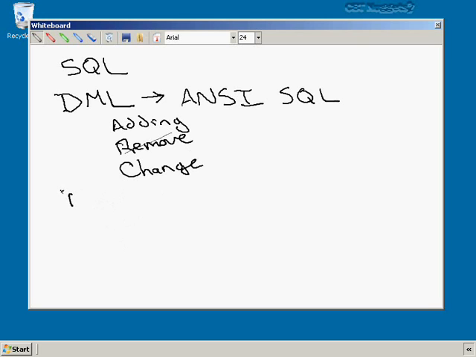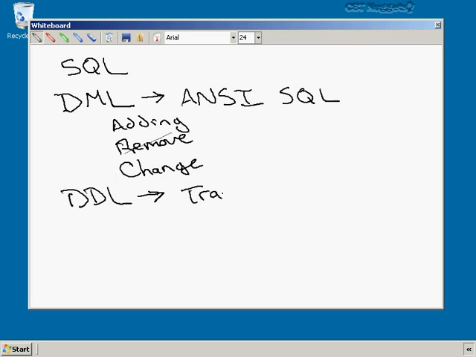So the data definition language is the second subset of SQL. Now, because every relational database management system works a little differently, whether it's Oracle or IBM or MySQL or SQL Server, the data definition language really can't be standardized. So each vendor comes up with their own variant of the SQL language.